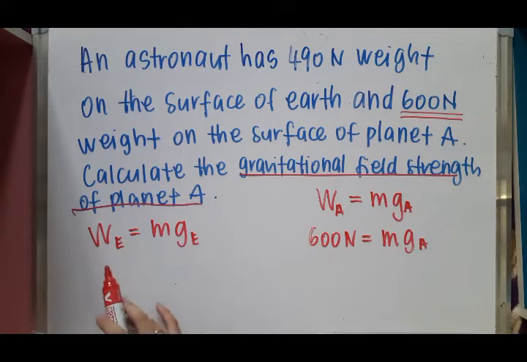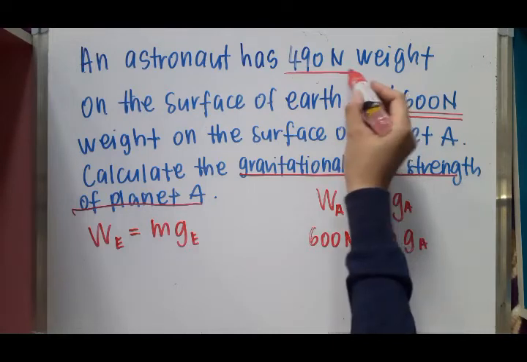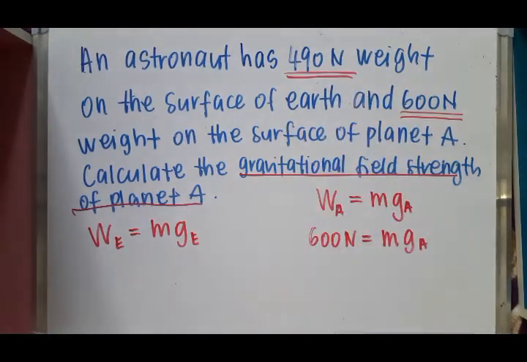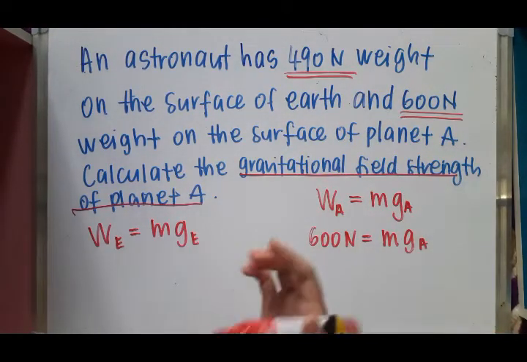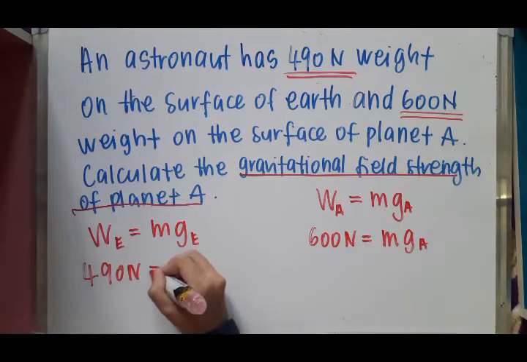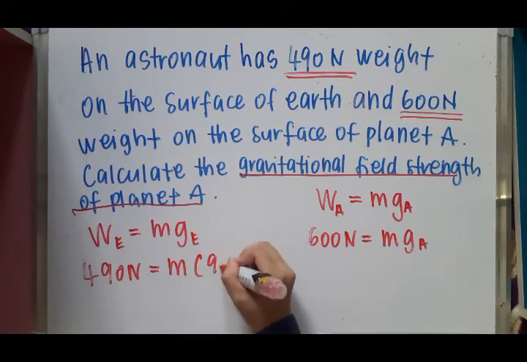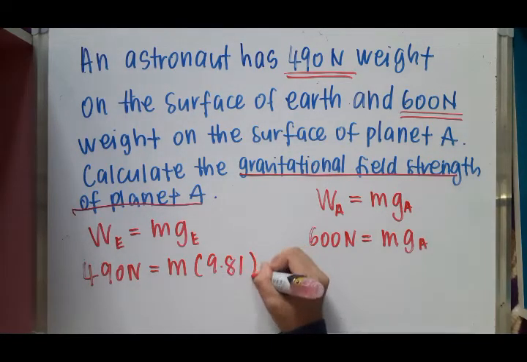We use the information for the Earth. So WE is equal to mgE. WE is 490 Newton, the weight of the astronaut on the Earth. So 490 Newton is equal to mass times GE. The gravitational field strength on the Earth is always 9.81 or 10 Newton per kg, right?